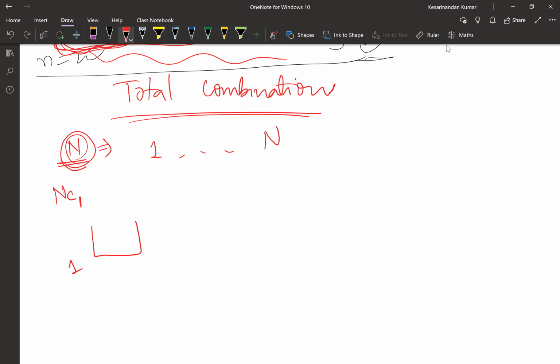Let's take one box only. And you have total n number of balls. The capacity of this box is unlimited. You can fill infinite number of balls. But what is the total number of ways in which you can fill this bag? How will you calculate it? Anybody?